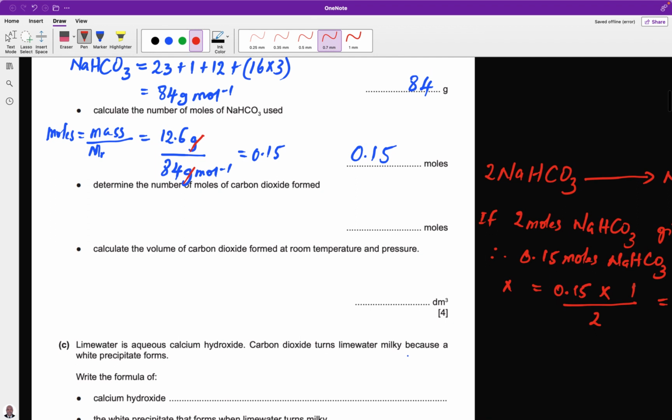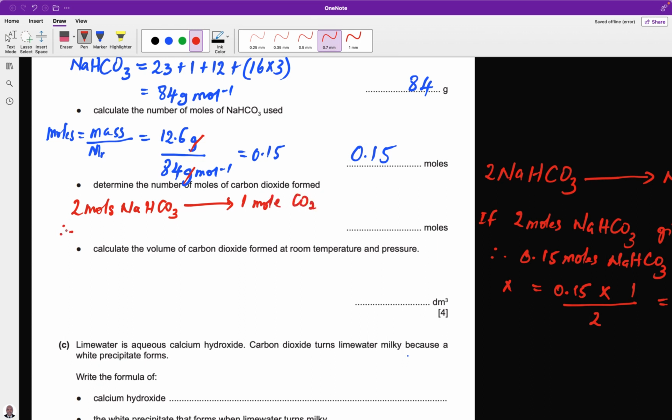From our equation, 2 moles of sodium hydrogen carbonate will give 1 mole of carbon dioxide.